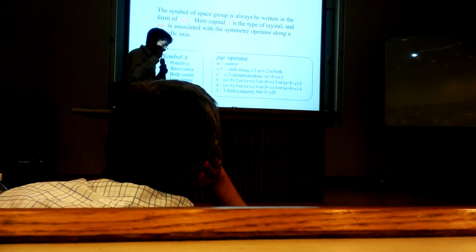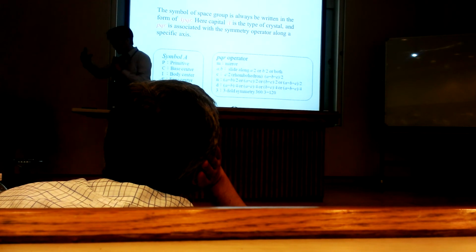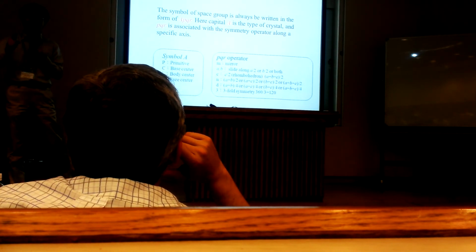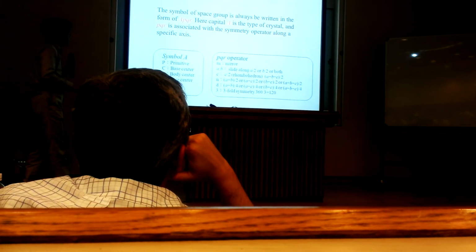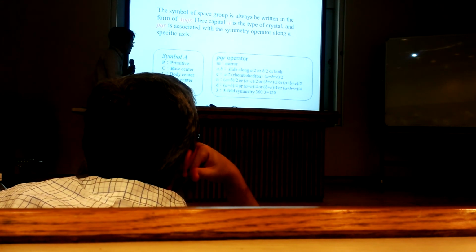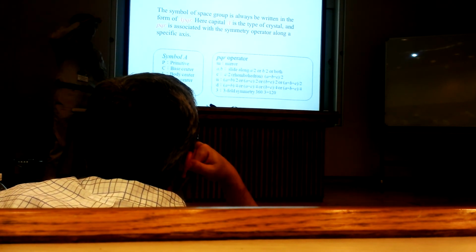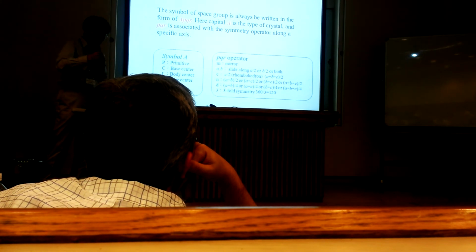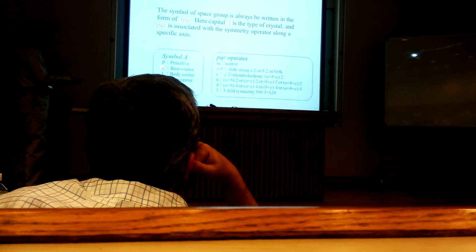A primitive cell means that in a unit cell there is only one chemical formula. And C means the base center. The base center is, if you have a crystal, you can imagine that at the top face and the bottom face, there will be an atom put into the center. So that would be called a C symbol.